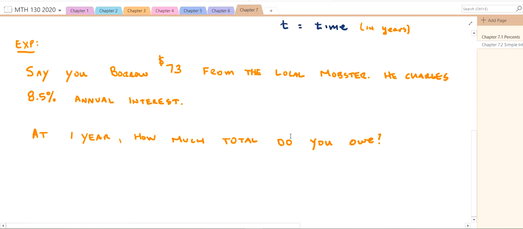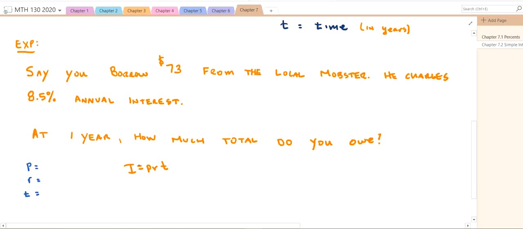So at 1 year, how much total do you owe? Well, we can use this relationship, I equals PRT. And when we're doing problems like this, I would suggest you write your variables over here when you pick them out of the word problem. Sometimes they're not that easy to pick out, but this one is reasonably simple.